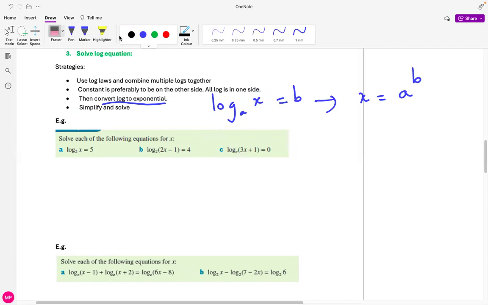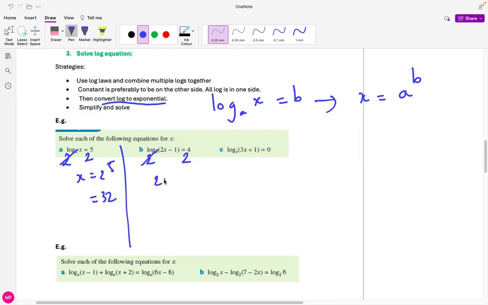Right. So here, log 2 of x equals 5. If I didn't want to memorize the formula, I could think about the base 2. So I do 2 to the power of that, and 2 to the power of log 2 go away. So x equals 2 to the power of 5, which is 32. Then same thing here, the base 2, so base 2 on both sides.